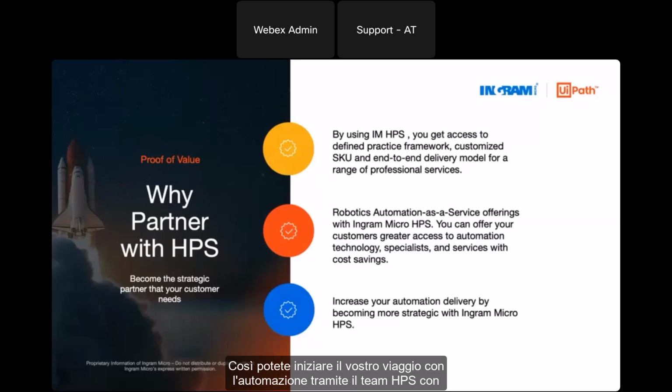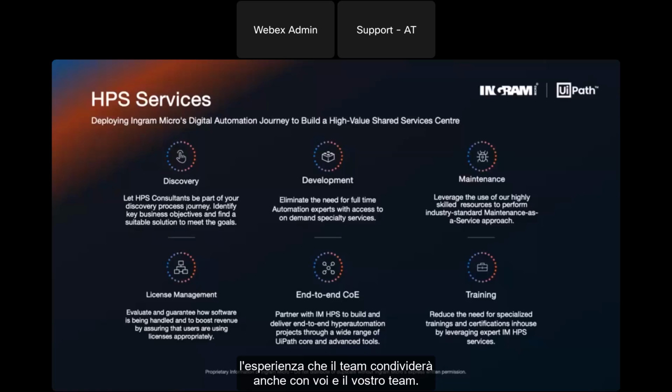So you can start your journey with automation through the HPS team with Ingram Micro and be more strategic in this market, thanks to all the experience that the team is going to be sharing with you and your team as well, right?